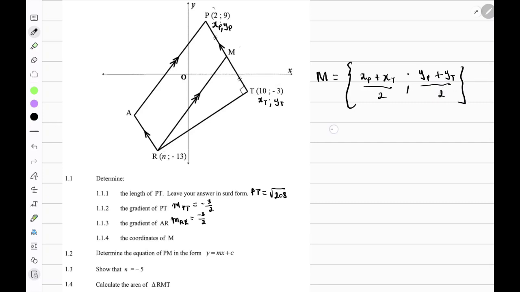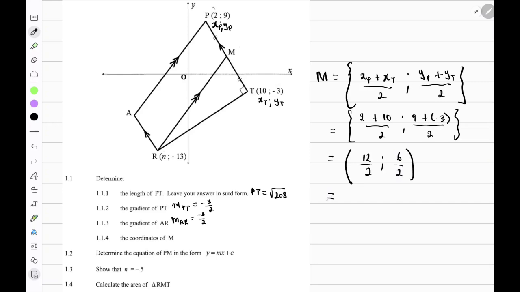So we can just substitute: 2 plus 10 over 2 and 9 plus negative 3 over 2. So this is equal to 12 over 2 and 9 minus 3, which is 6, over 2. So this is equal to 6 and 3.